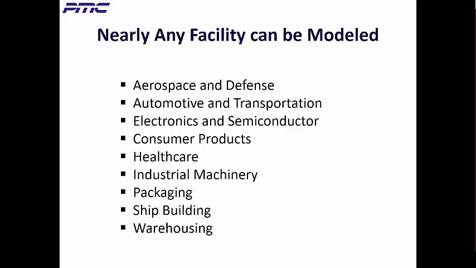At this point, I'd like to point out that Tecnomatix plant simulation can model facilities other than just automotive-like assembly line plants. In fact, nearly any type of facility can be modeled, including those that produce tiny but important things like ball bearings, or large products like rockets, planes, trains, automobiles, tanks, ships, and construction equipment.